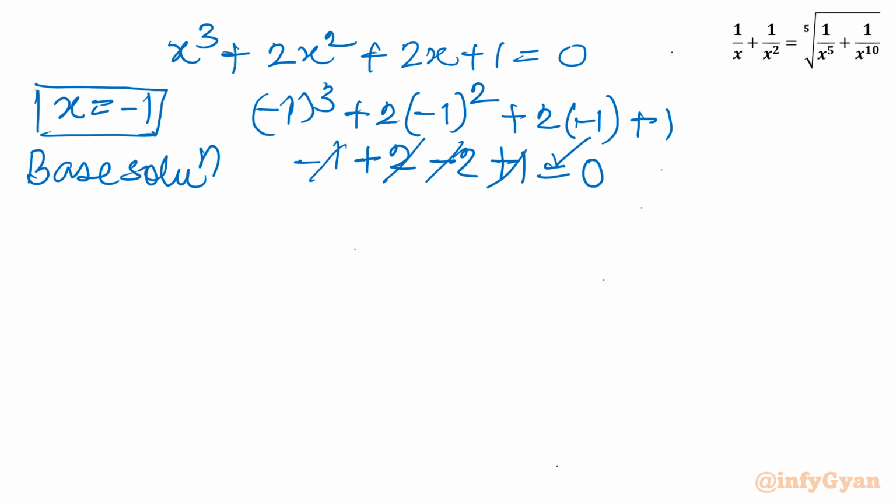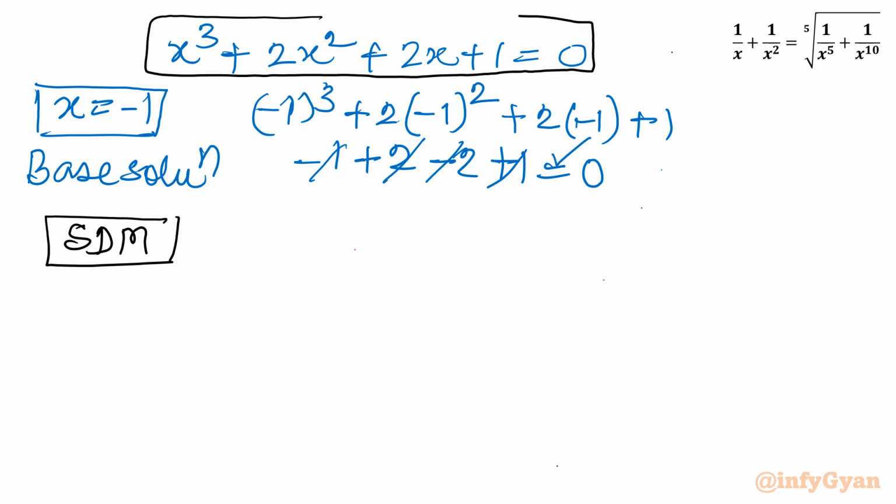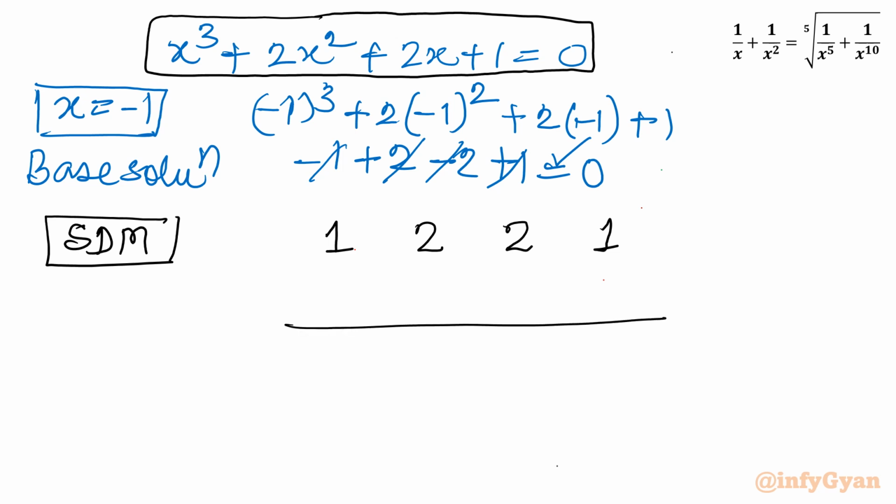So let me write here base solution. Now the synthetic division method is on. We can apply the synthetic division method. So I need to write all the coefficients of this cubic equation. Let me write the coefficient of x cube 1, coefficient of x squared 2, coefficient of x 2, constant coefficient 1. Put one line over there. The leading coefficient is as it is, 1. Now we need to multiply this base solution by 1.